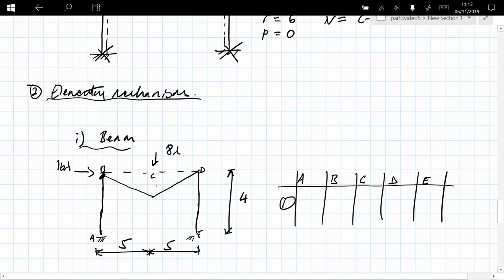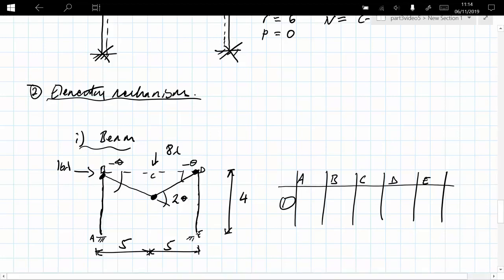We have plastic hinges at B, C, and D with corresponding deformation angles minus theta, and in the center 2 theta. Noting that the angle in the center, 2 theta, is positive because it creates an extension, and the angles at the ends being negative because this structure crossed the dotted line at those points.